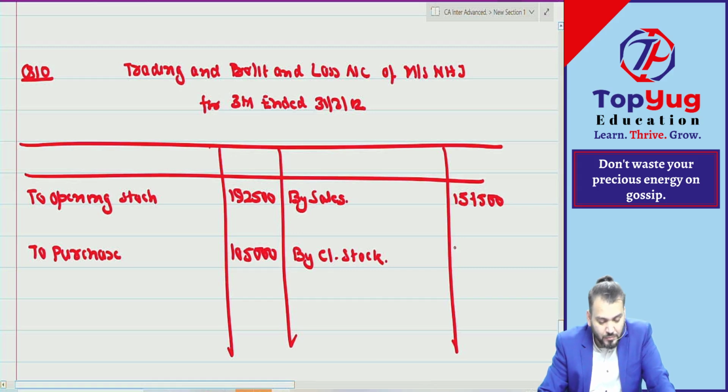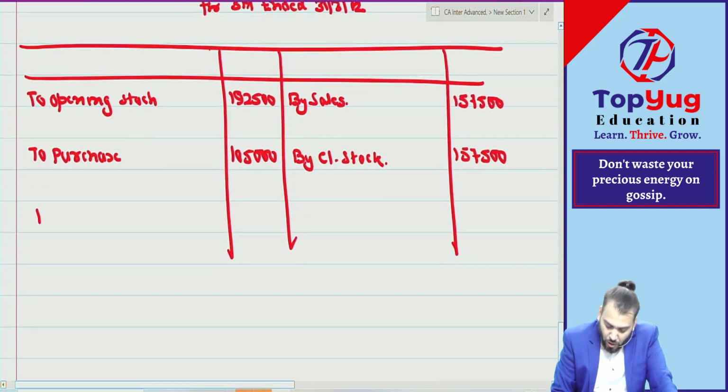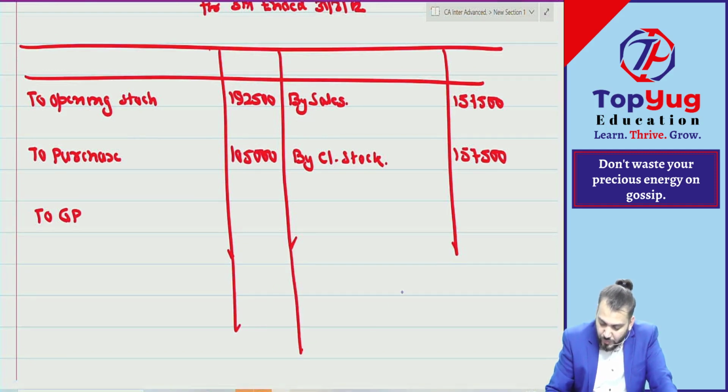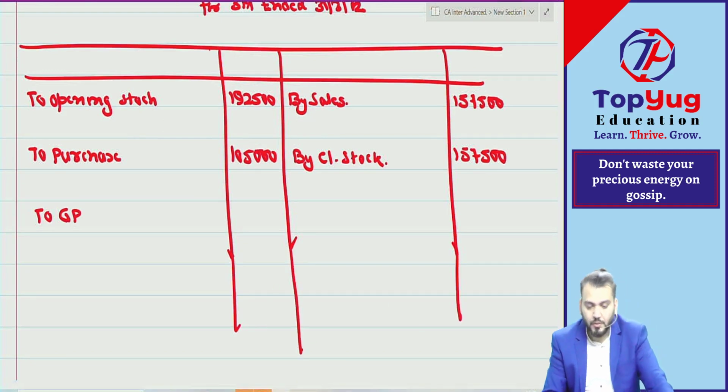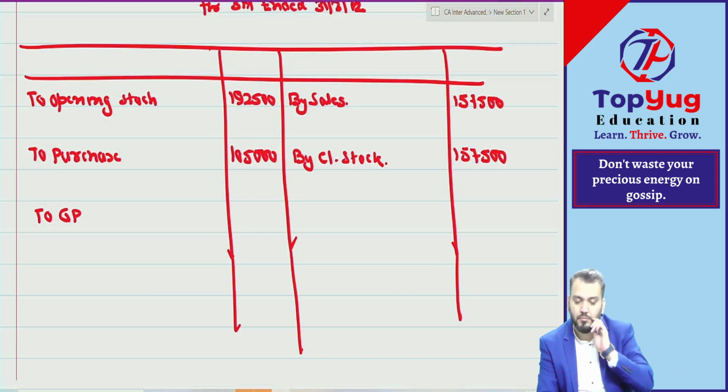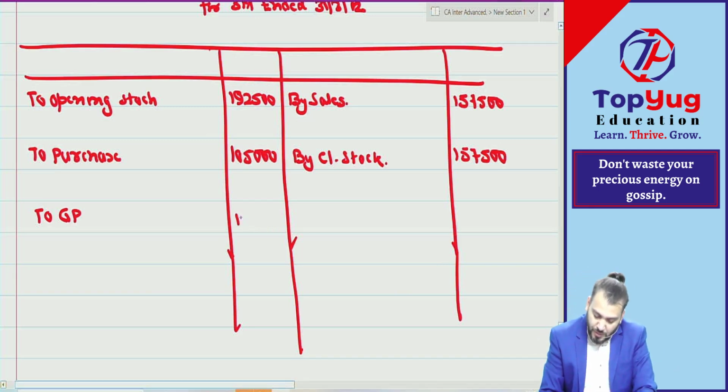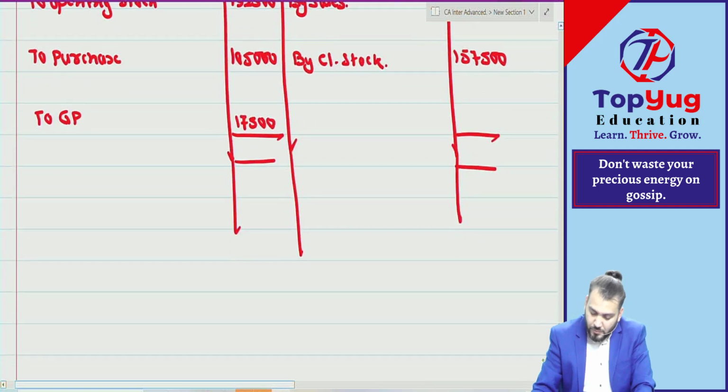It is given in the question only: 1,57,500. So how much is the gross profit? 17,500. Then we write by gross profit.